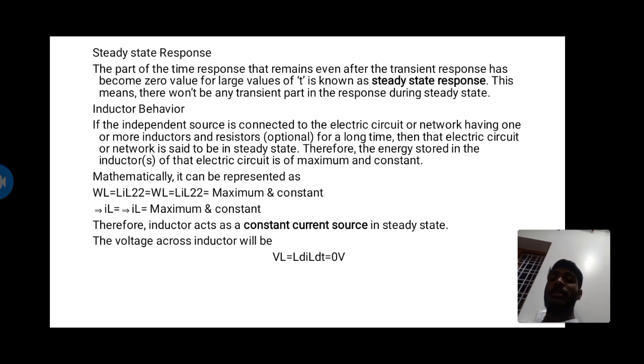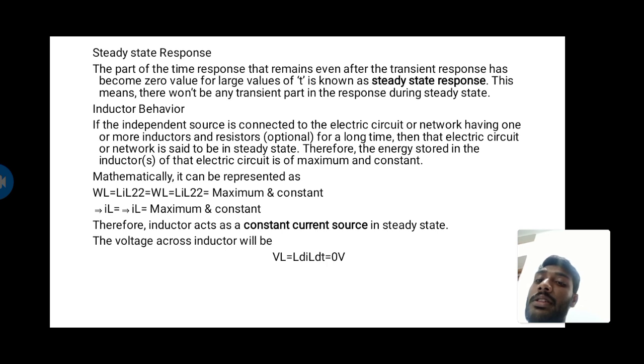Inductor behavior. If an independent source is connected to an electric circuit or network having one or more inductors and resistors optionally, for a long time, then that electric circuit or network is said to be in steady state. Therefore, the energy stored in the inductors is maximum and constant.